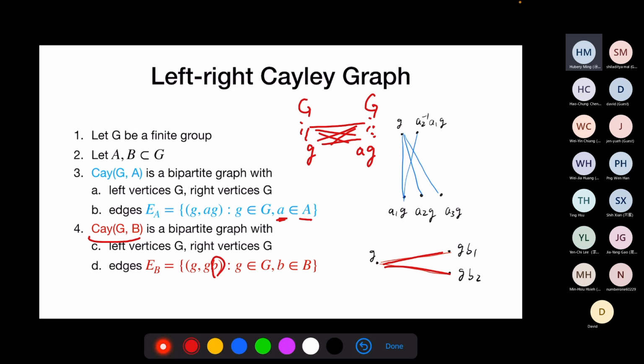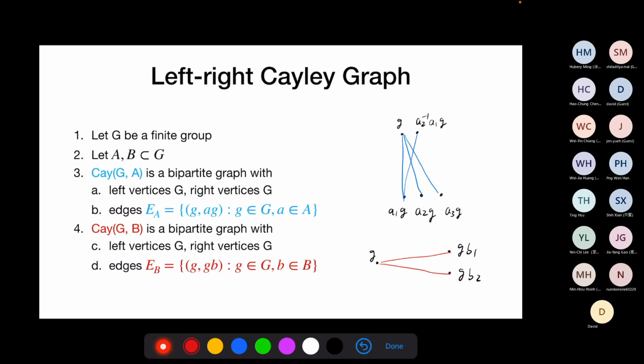A and B are elements inside G, so A is inside G, and the multiplication would be the group action. So that's the usual Cayley graph.